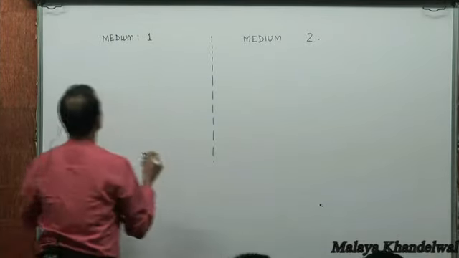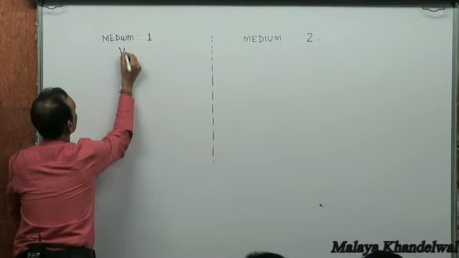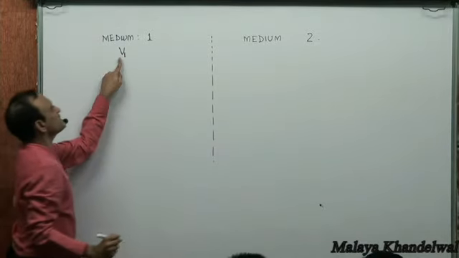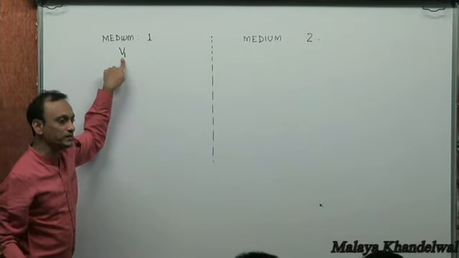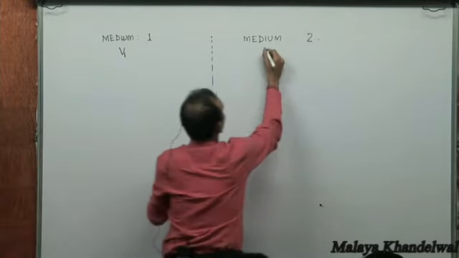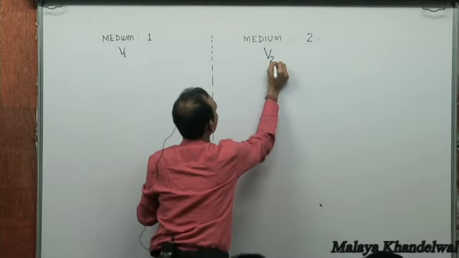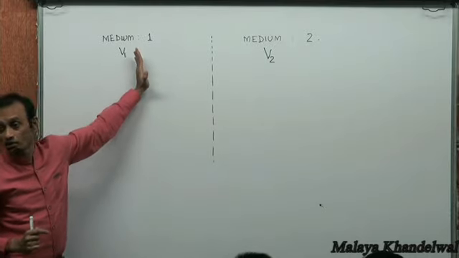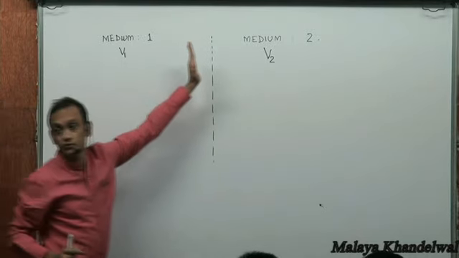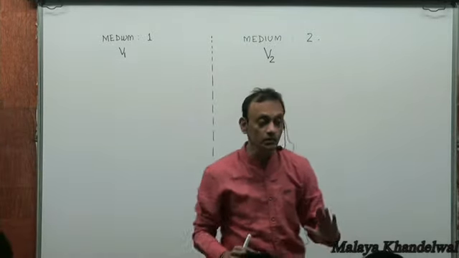Suppose V1 is the speed of a wave in medium 1, and V2 is the speed of a wave in medium 2.